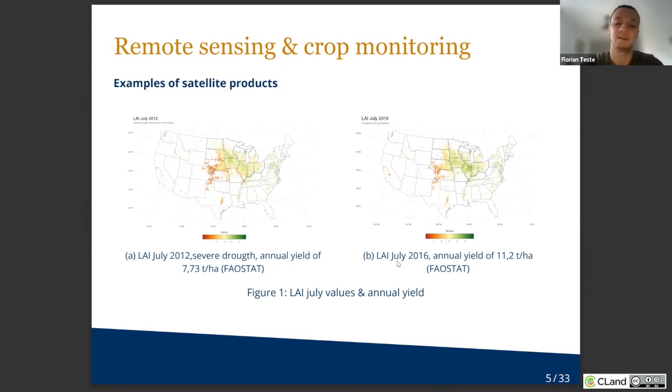And 2016 was quite a good year. The yield was quite high. Now, if you look at both images, you see that in 2016, the values are much higher. You will see a lot more green areas. And that's because the leaf area index gives you information about the crop condition.